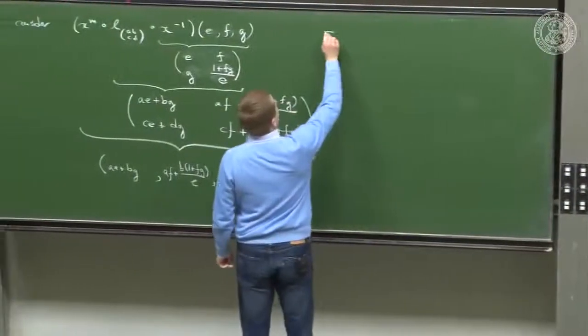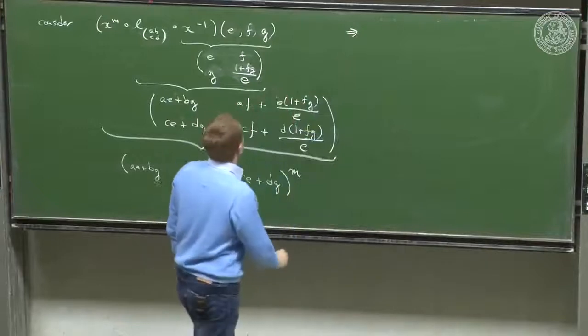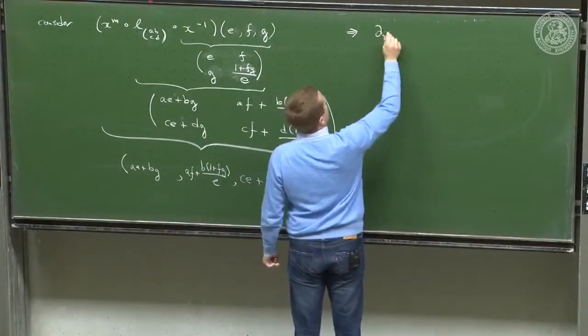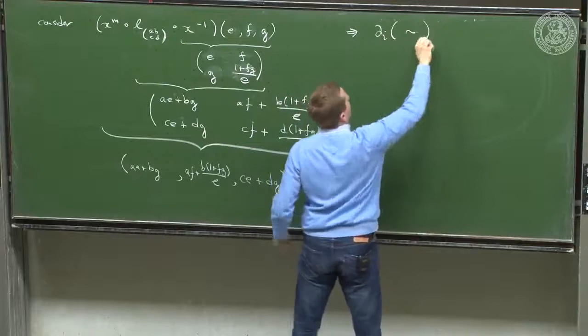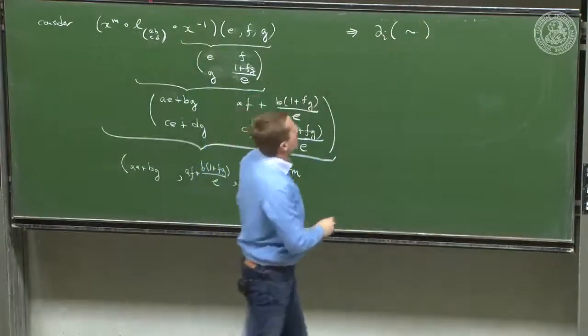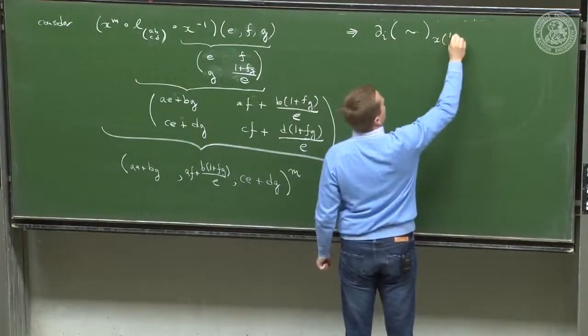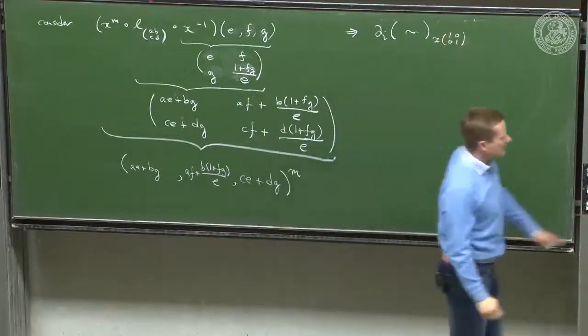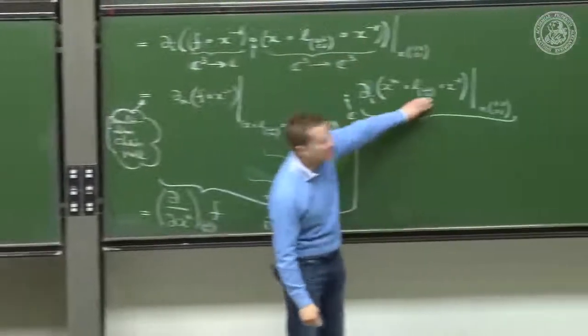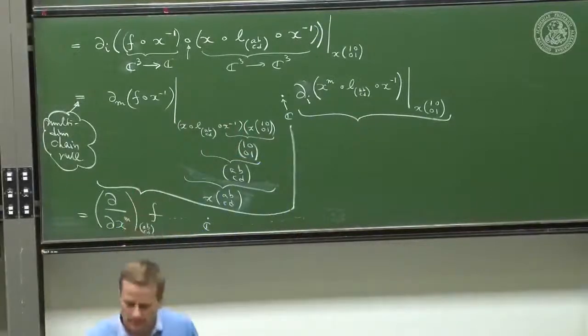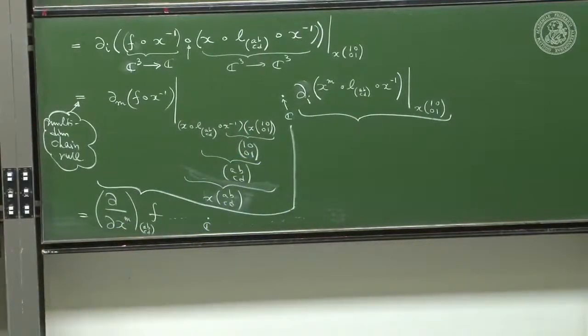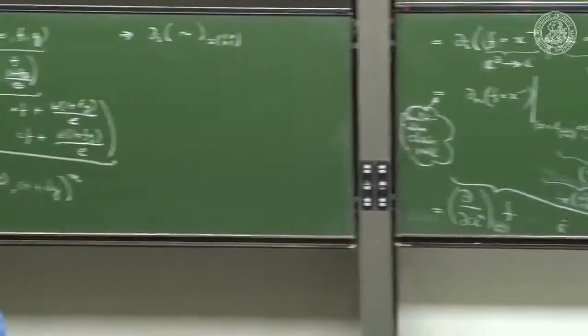So then, or therefore, we can look at del I of this entire line and evaluate it at the point x of 1, 0, 0, 1. Why? Well, because we're still lacking the second factor.